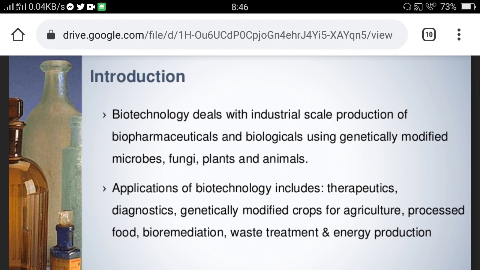Biotechnology deals with the industrial scale production of biopharmaceuticals, biologicals using genetically modified microbes, fungi, plants and animals. Applications of biotechnology include therapeutics, diagnostics, genetically modified crops for agriculture, processed food, bioremediation, waste treatment and energy production.